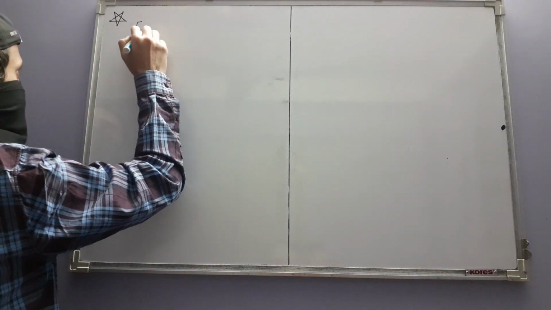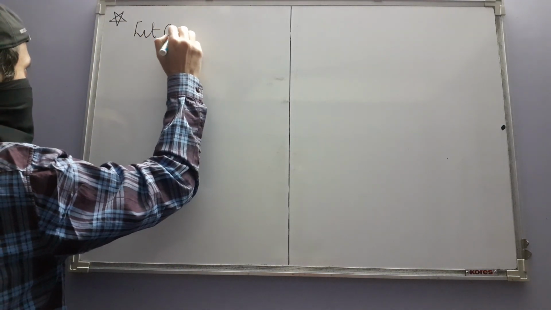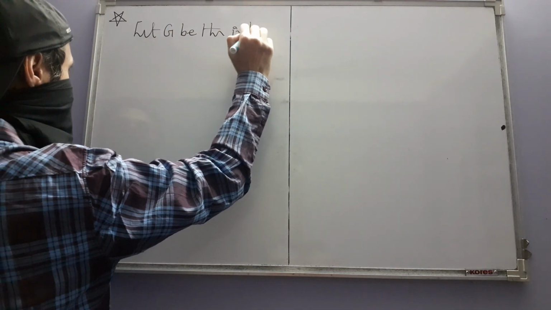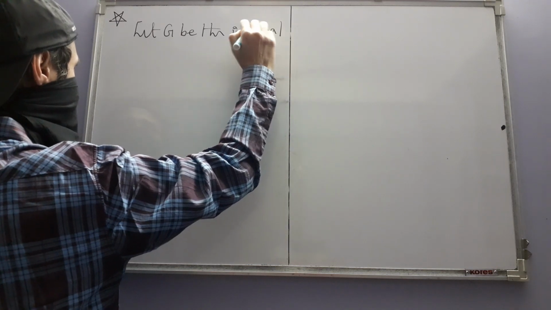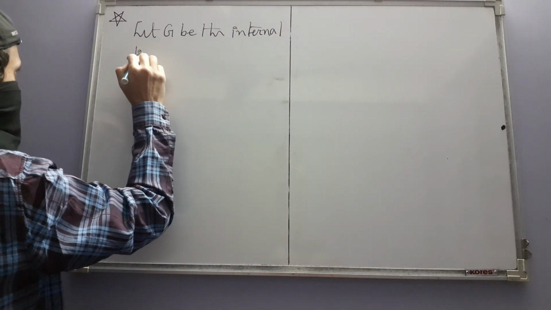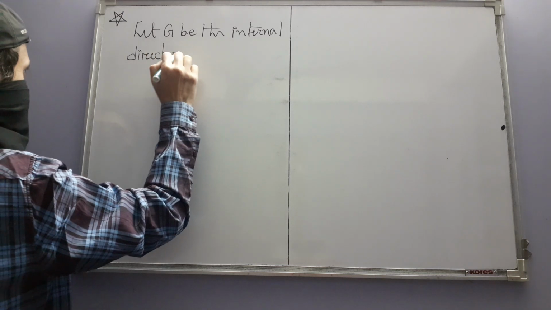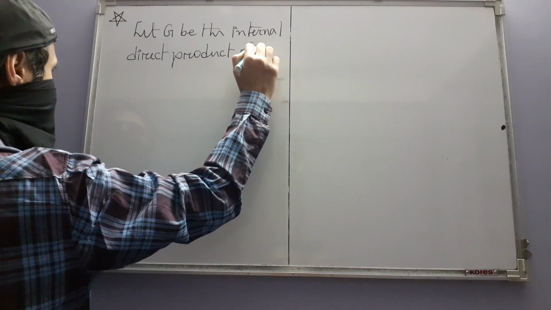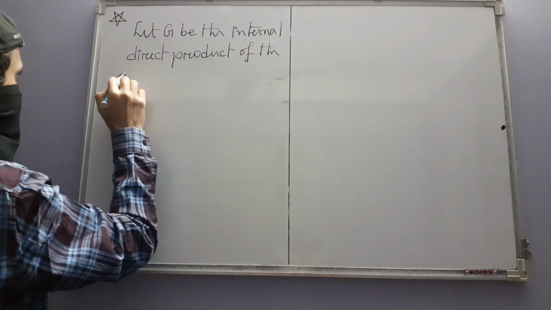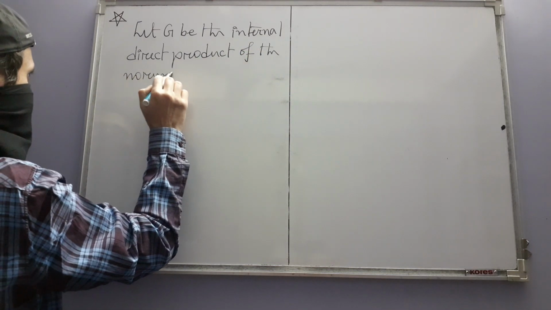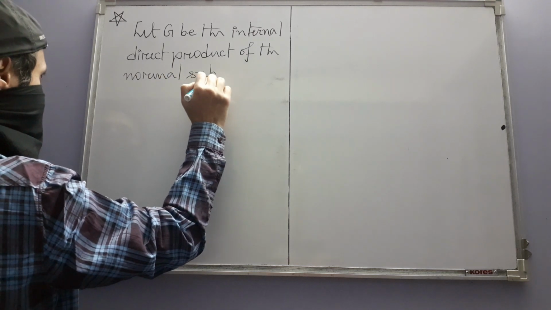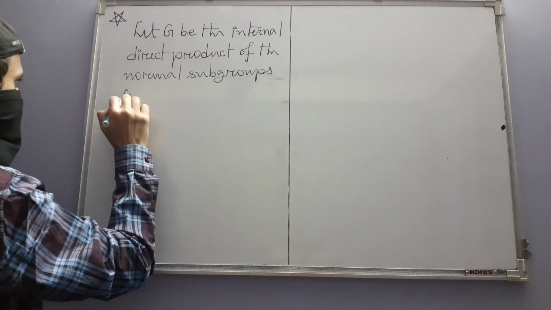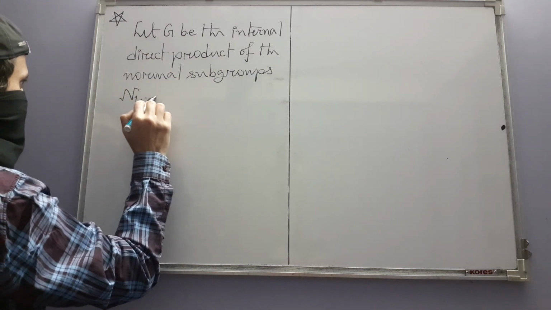Let G be the internal direct product of these normal subgroups.